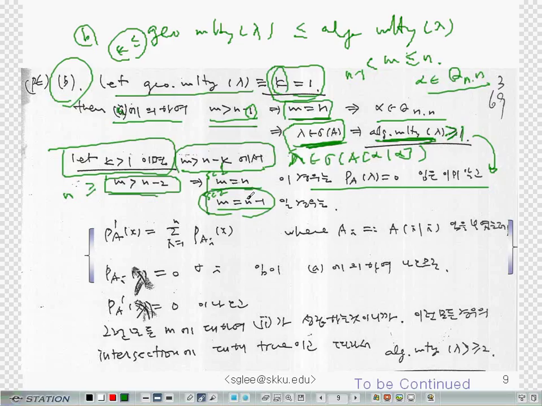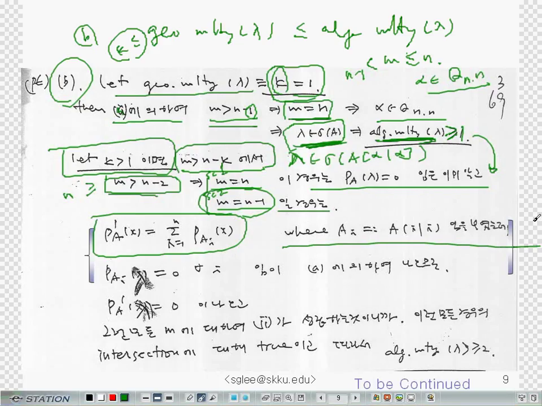Next case. If m is equal to n minus 1, what happened? Then we know this fact, from the exercise. From here, we can think of the n minus 1 by n minus 1 submatrix.